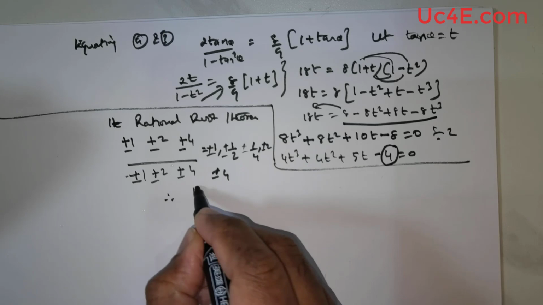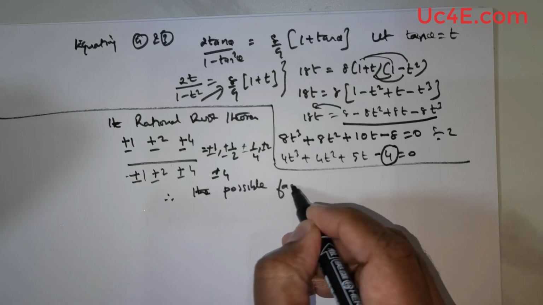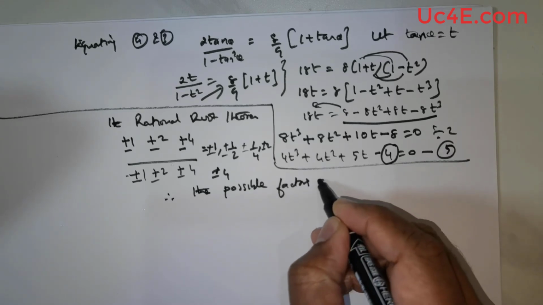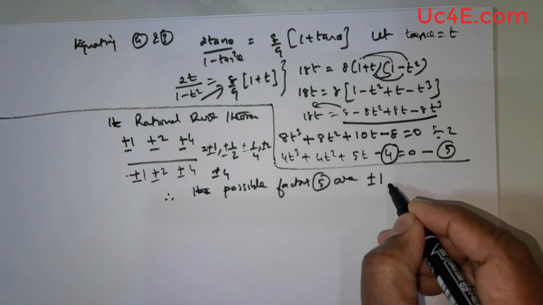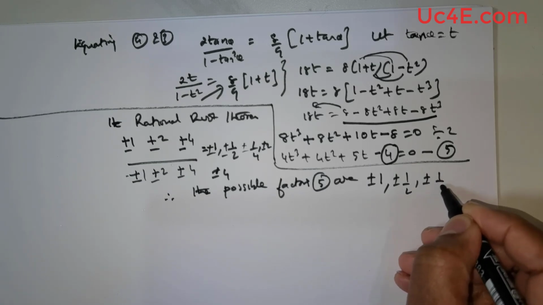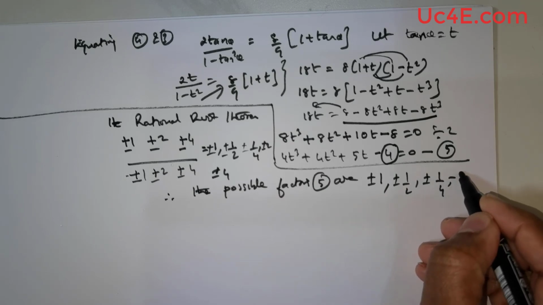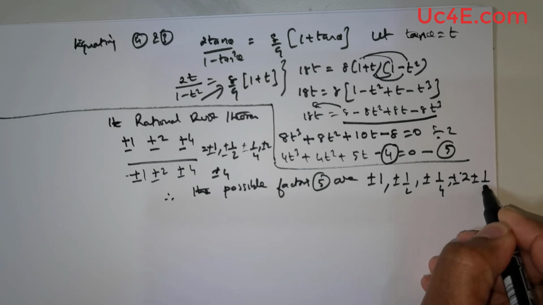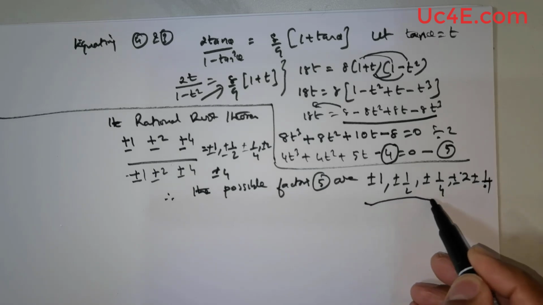So therefore the possible factors are plus or minus 1, plus or minus 1 over 2, plus or minus 1 over 4, plus or minus 2, and plus or minus 4. That's it. So these are the possible factors.